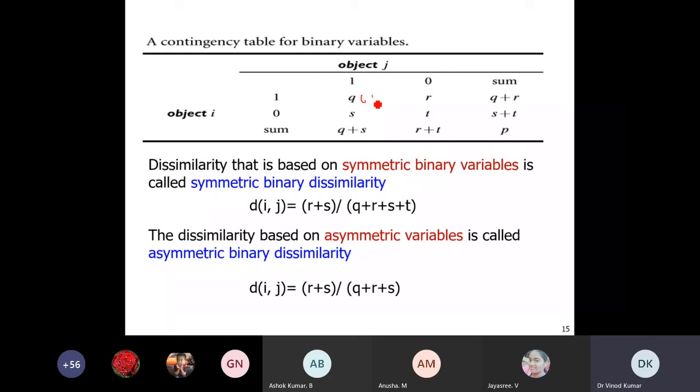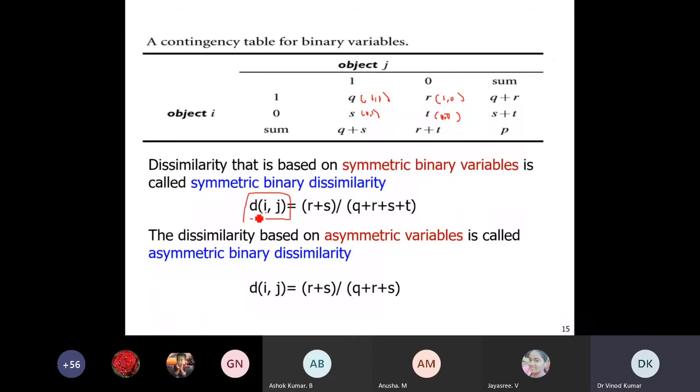So this is the case of 1 comma 1, this is the case of 1 comma 0, this is the case of 0 comma 1, and this is the case of 0 comma 0. We create this type of contingency matrix. Based on the contingency matrix, we find the dissimilarity between the two objects.